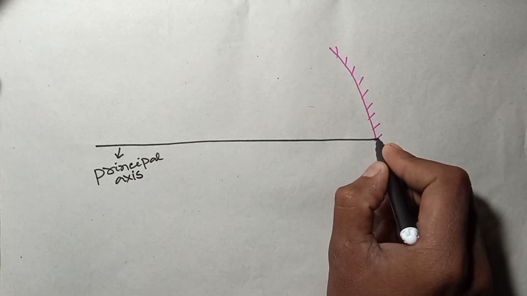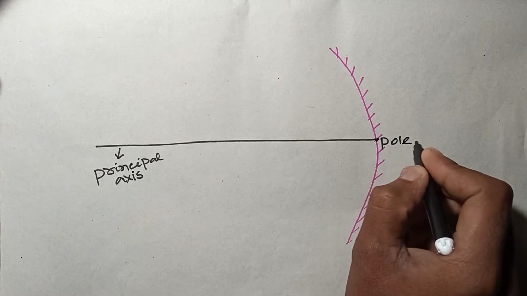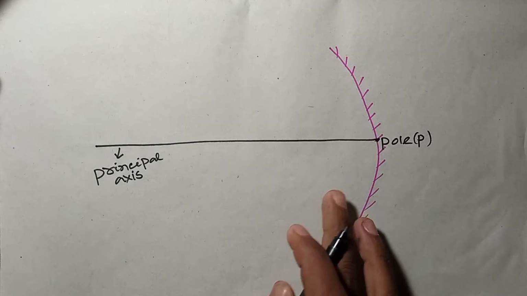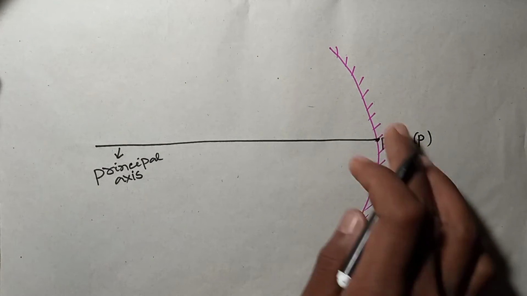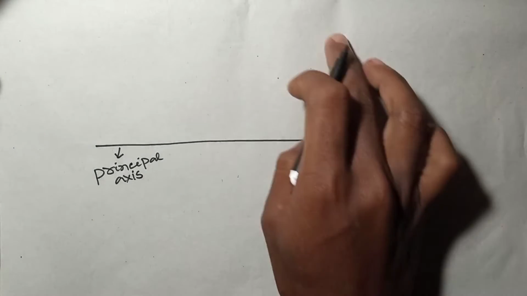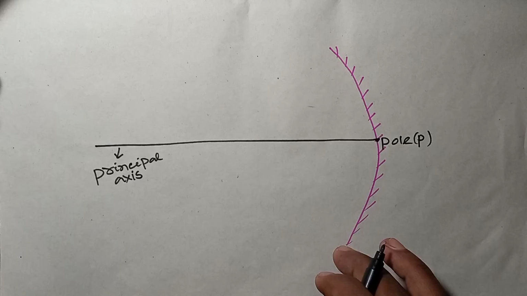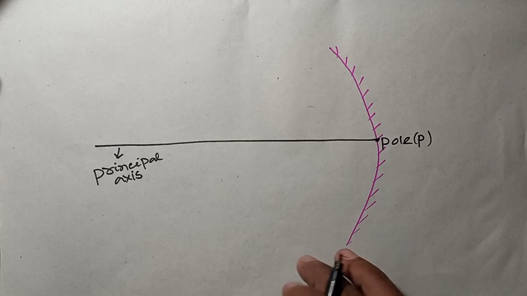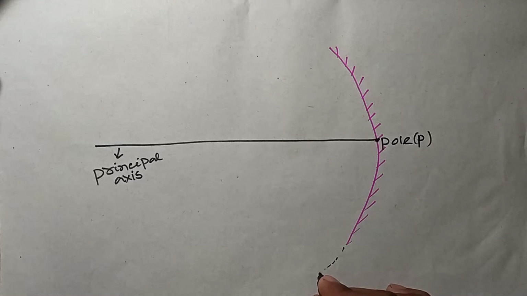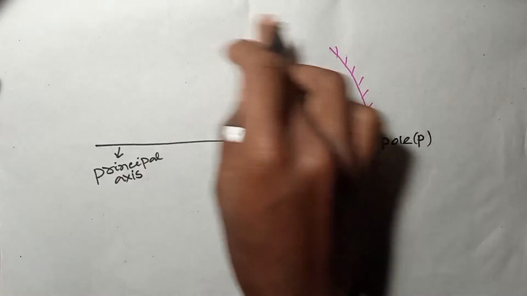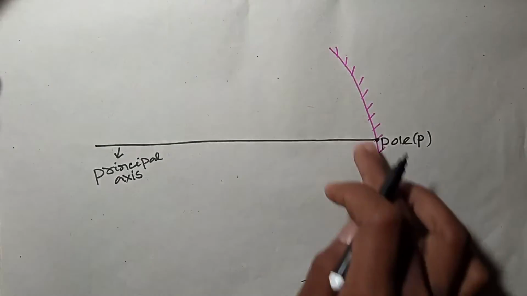And let's say this is the pole. The pole is denoted by the letter P. The pole is the midpoint of this mirror. This mirror is a part of a circle, a part of this sphere. This makes a sphere and this mirror is a part of this sphere.